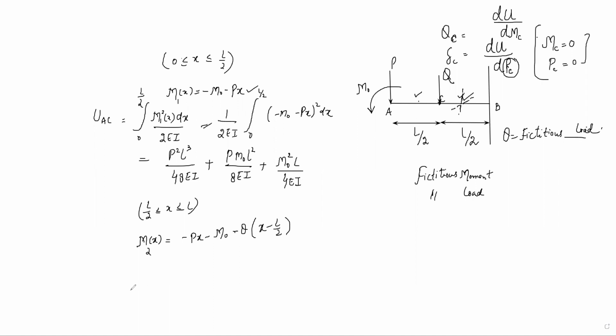Now, in the same way, let's calculate the total strain energy in the region CB. That will be equal to the integral going from L by 2 to L of M2 square, that is minus Px minus M naught minus Q times x minus L by 2, whole square dx, divided by 2 times EI.